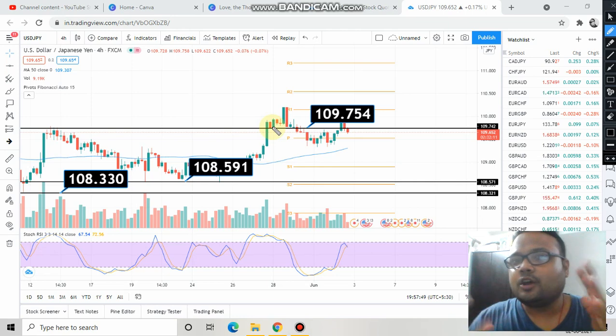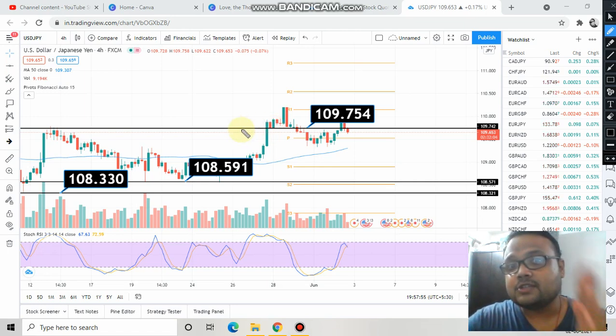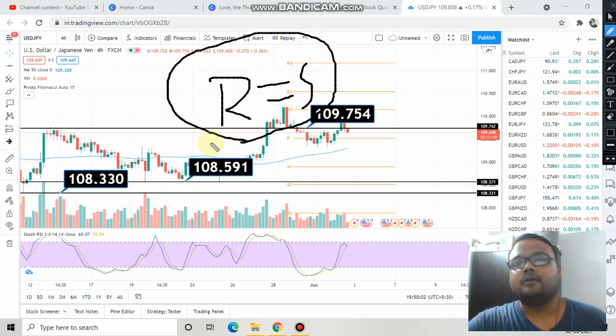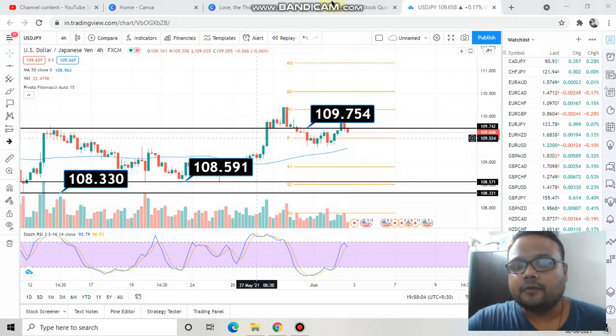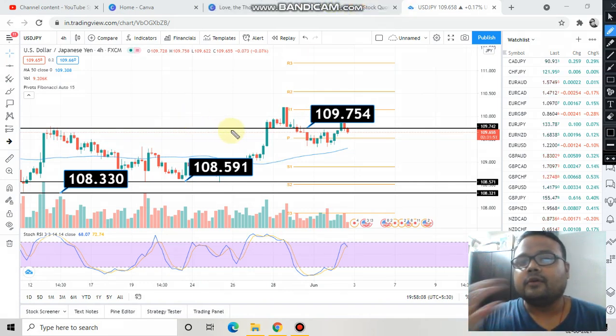As I always say, we should always wait for the confirmation. We should always wait for the market to trade comfortably. We should always wait for the confirmation of this resistance equal to support. When market crossed this resistance, market was not trading comfortably, rather it was struggling.